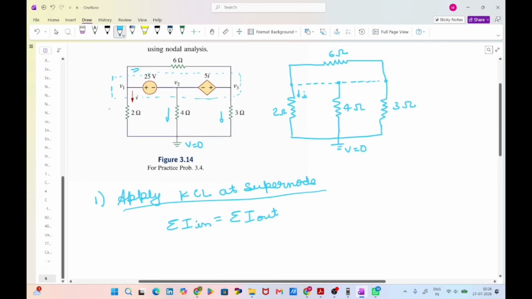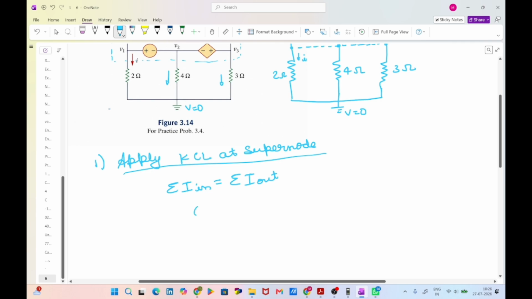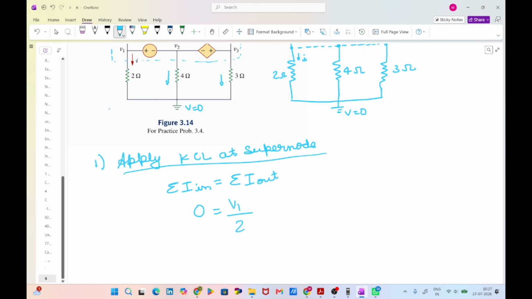Here at the supernode, this current is entering but it is also leaving here, so these cancel each other, and these three currents are leaving. The input current will be 0 and the output current will be (V1 minus 0) by 2, that is V1 by 2, then (V2 minus 0) by 4, that is V2 by 4, and then (V3 minus 0) by 3, that means V3 by 3.